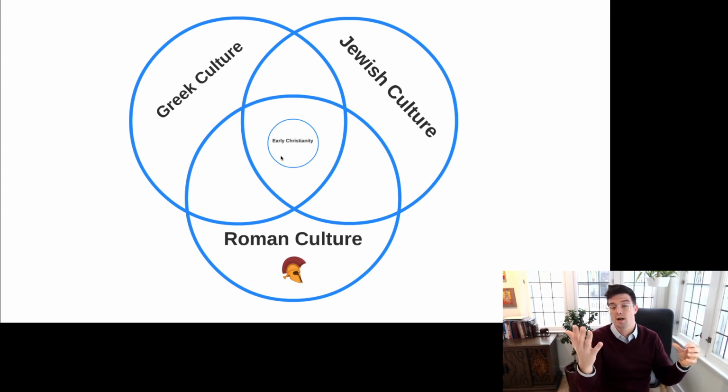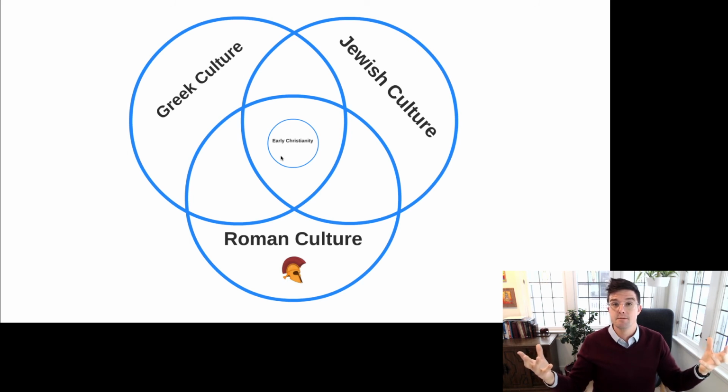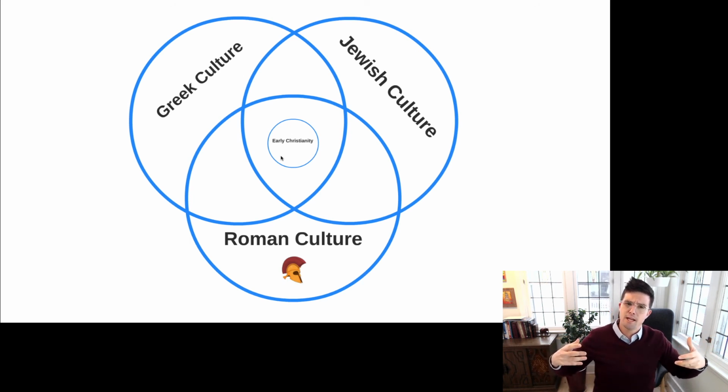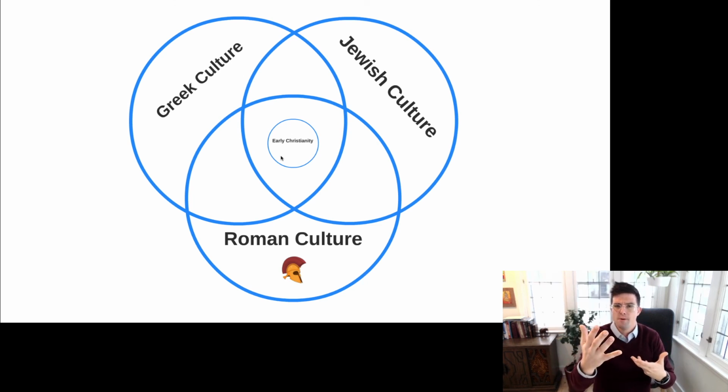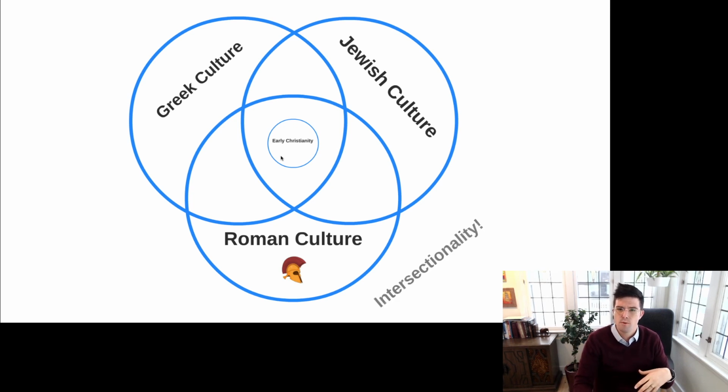One of the things we'll talk a lot about in this class is how Judaism is not a monolith in the ancient world, nor is it a monolith today. There is not one Judaism in the New Testament context, but there are Judaisms. There are different expressions of Jewish belief, and the different cultures that come together to form early Christianity is very complex.